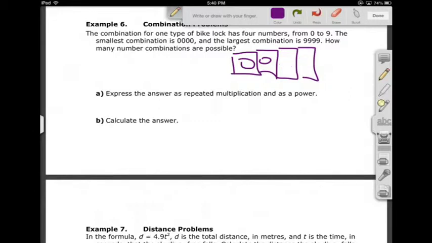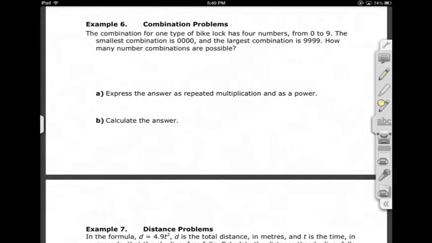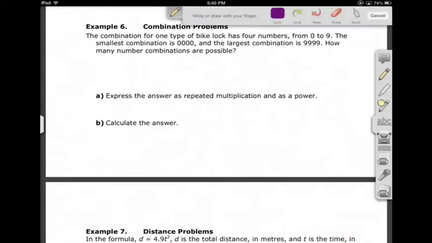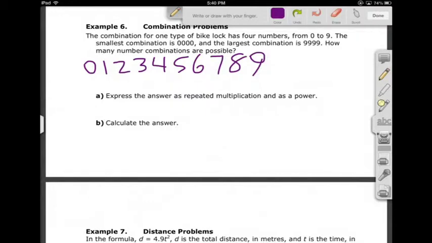Sounds like a stats question, doesn't it? First thing you have to identify is that 0 to 9, if you start counting at 0, because they're counting it as a value: 0, 1, 2, 3, 4, 5, 6, 7, 8, 9, that's really not much different than counting to 10, is it? Because there's 10 values total.